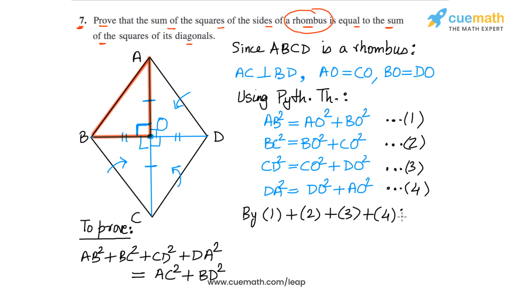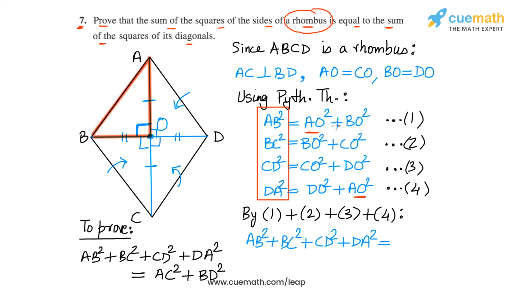So what will we get now? On the left side, we have AB square, BC square, CD square, DA square. So all these four will get added. So we will get AB square plus BC square plus CD square plus DA square on the left side, equal to, on the right side, what will we get? Well, if you observe carefully, we have AO square and AO square.